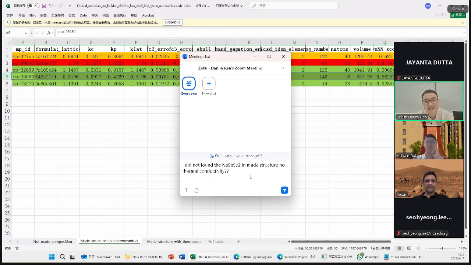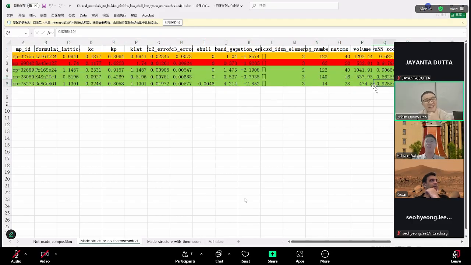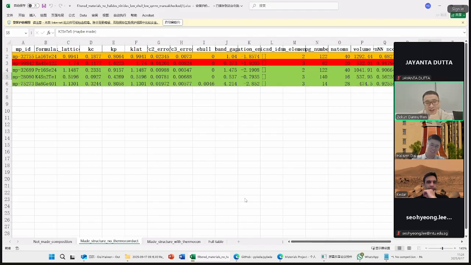I'm just thinking the database we are comparing to, ICSD, apparently is not that comprehensive. I would like a more streamlined version.